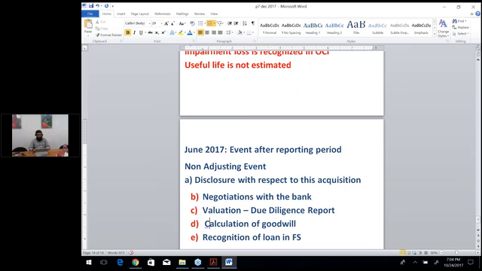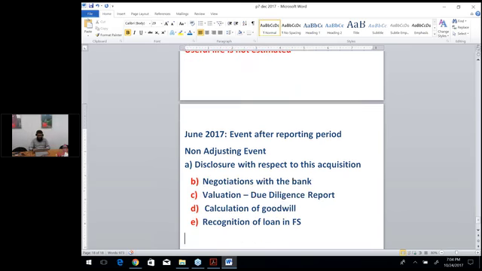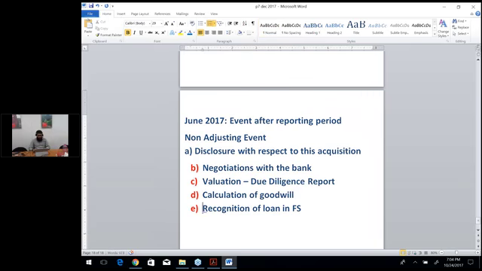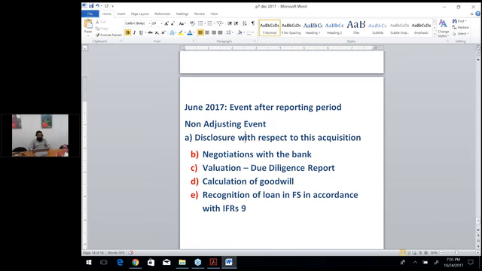The valuation report would tell you whether the correct valuation has been placed or not, whether the goodwill has been correctly calculated or not. And then there is the recognition of the loan in the financial statements in accordance with IFRS 9. So these are the various risks that you might come across when you have to perform the audit procedure.